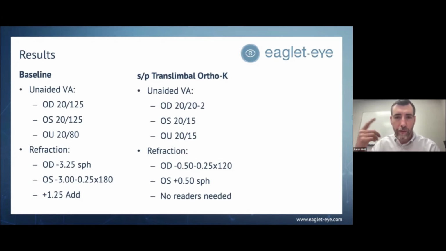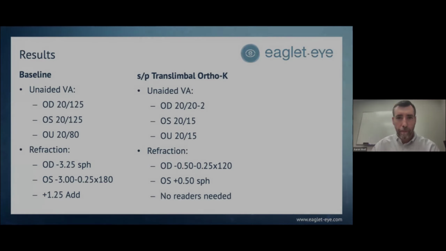So that's going to be great for near vision, computer vision for a 47-year-old. And then on the left eye, same thing, about a +0.50, up to, with some regression, probably about plano or so. So again, this patient had really great results, 20/15 vision, very happy with both distance and near vision.